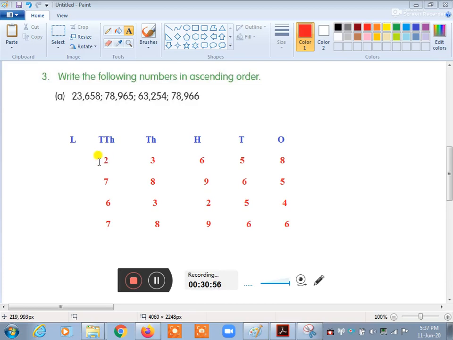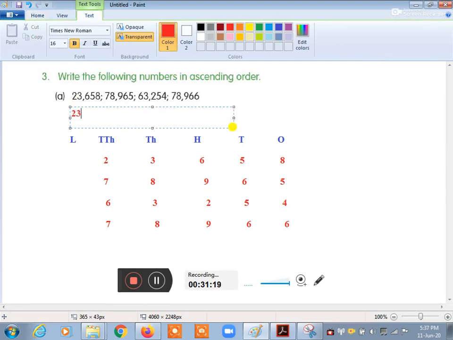So compare 2 with 7. So 2 is smaller than 7. So again compare 2 with 6. So 2 is smaller than 6. Again compare 2 with 7. So 2 is smaller number here. So smaller number is 23,658. So again compare 7 with 6. So 7 is the greatest number. So compare 7 with 7.